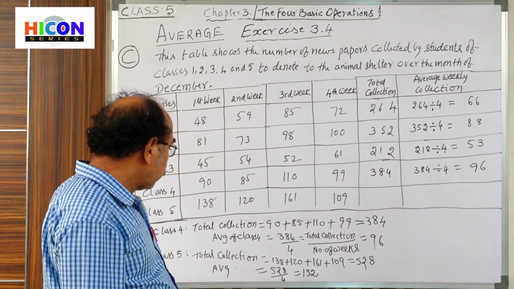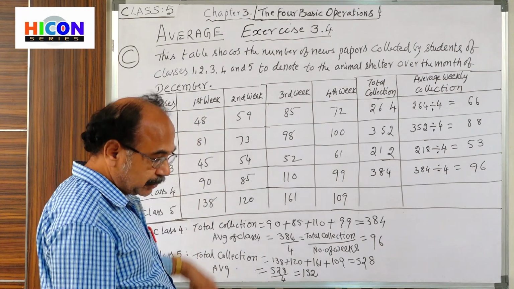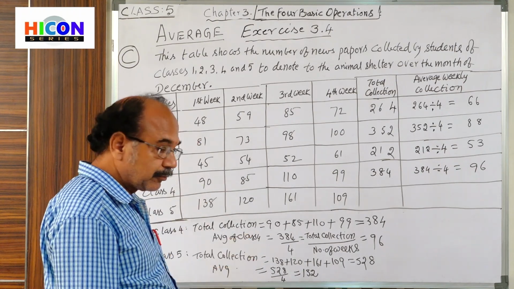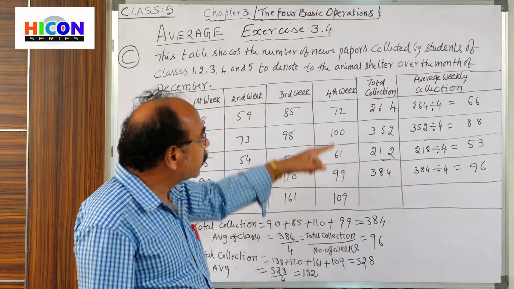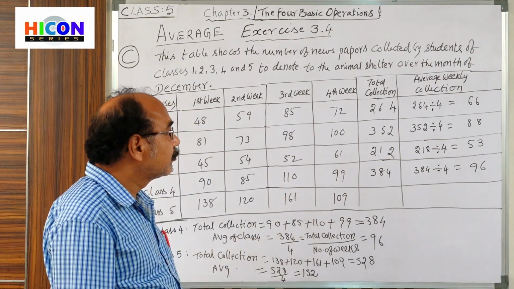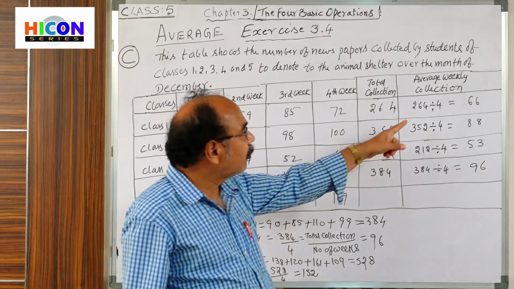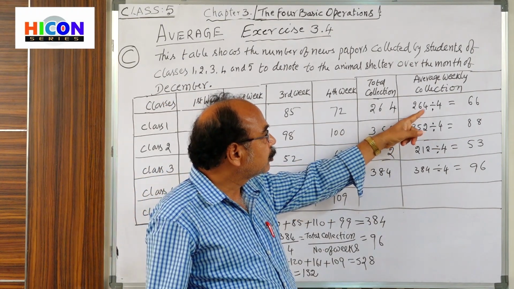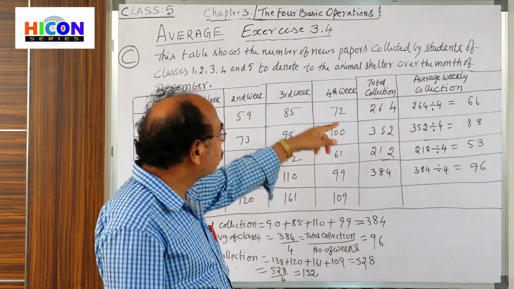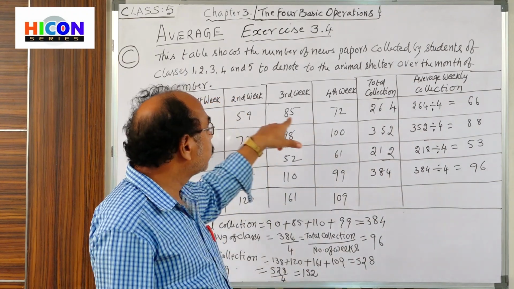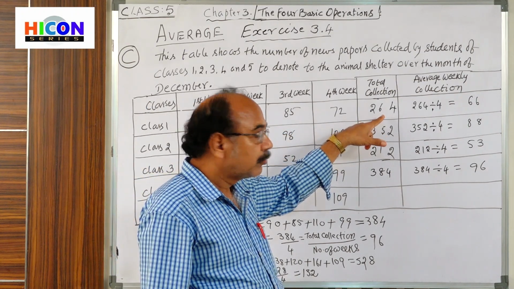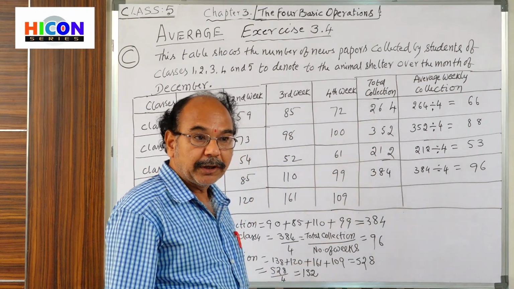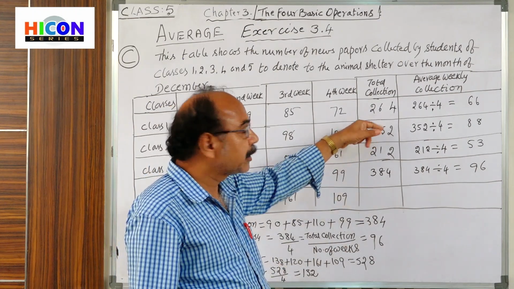Okay. For all these classes, you show this, and the details you got, you mention in the table. Here, in short form, we showed the calculation. For each and every class, total collection is shown. Sometimes your teacher may ask how you got this total collection.